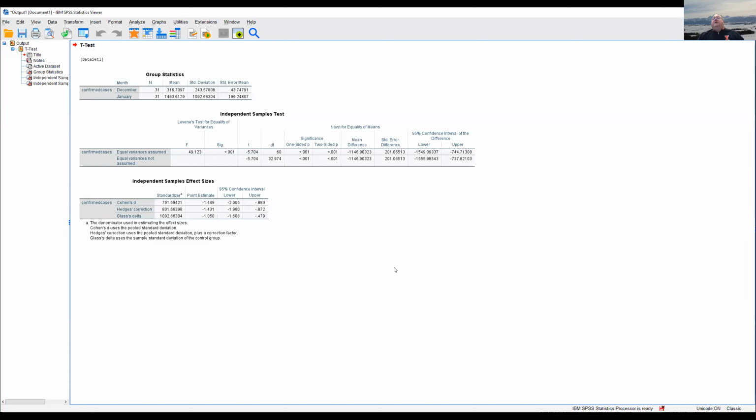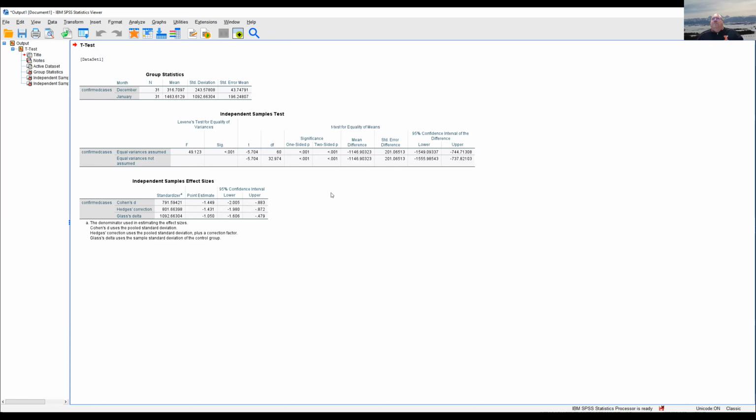Just like with the online calculator, it's got the means, it's got the standard deviation, and then we've got t, and t is minus 5.704. If you take that to the chart, the online chart that I brought up, or to the chart in your book, in the 3rd edition, this t chart is in the appendix, appendix C, C5.